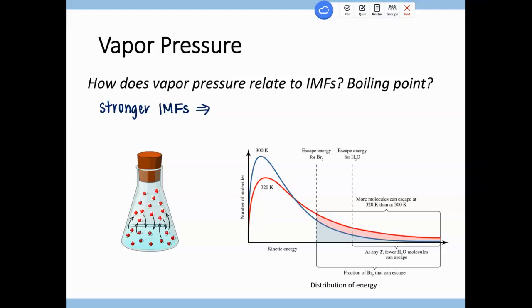So those liquid molecules are held closer and stronger, and they're less likely to vaporize. That means fewer gaseous molecules, meaning lower vapor pressure. So stronger intermolecular forces, lower vapor pressure.